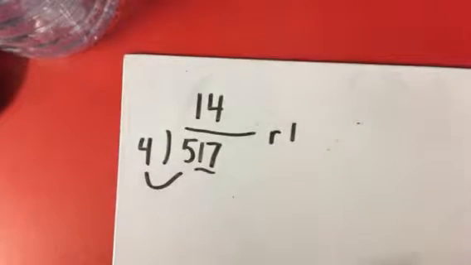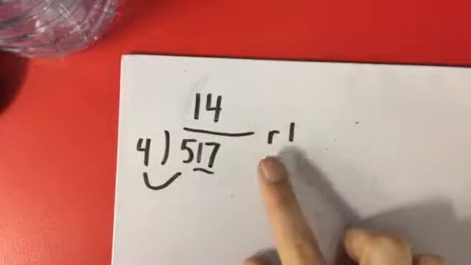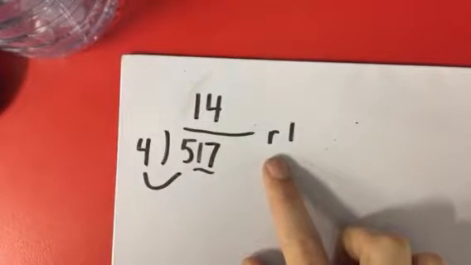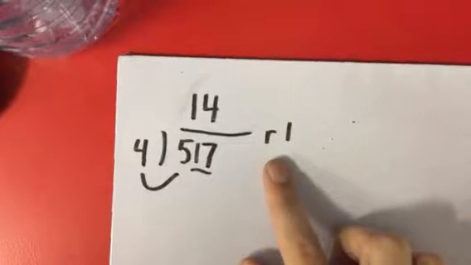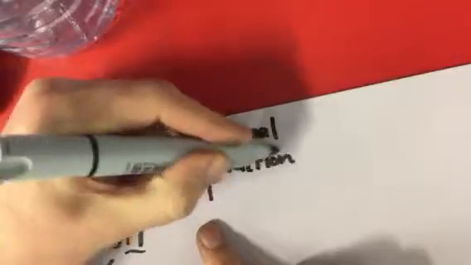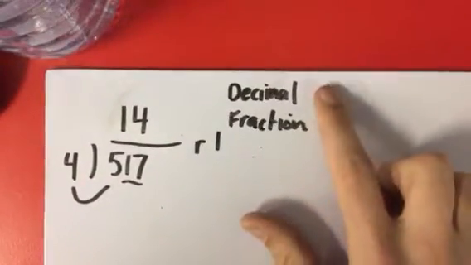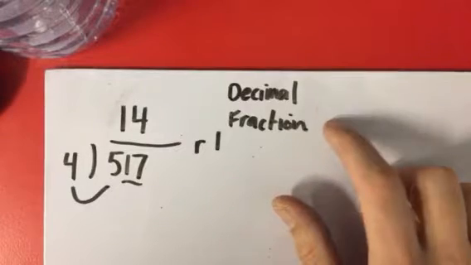In maths, certainly when we start division, we use remainders, but when you get older, there's a better way of doing it. You would be expected to turn the remainder into a decimal or into a fraction.